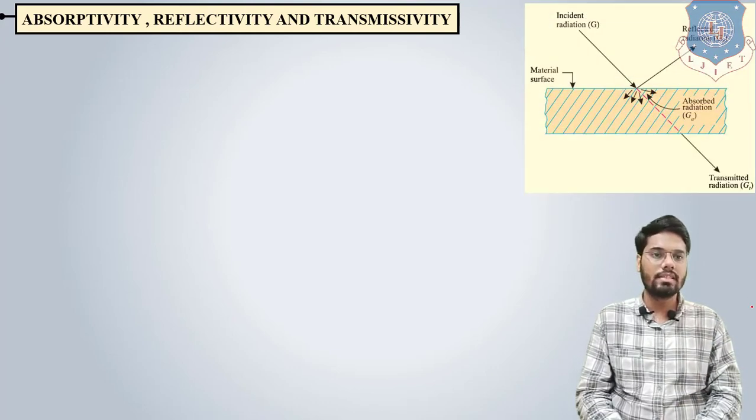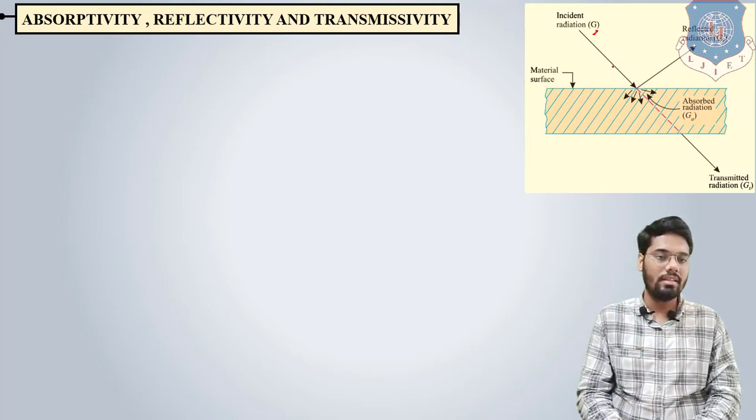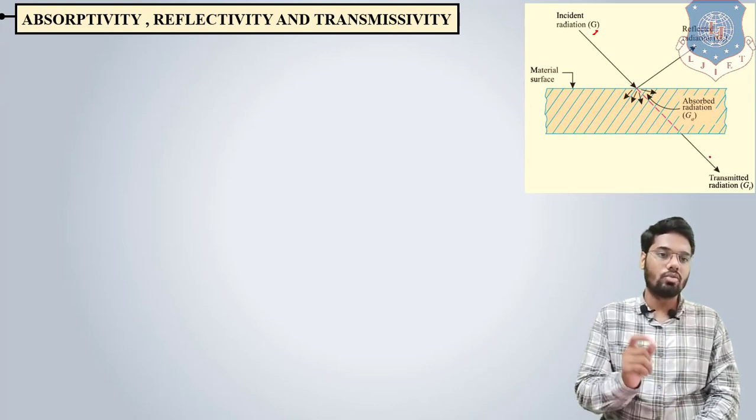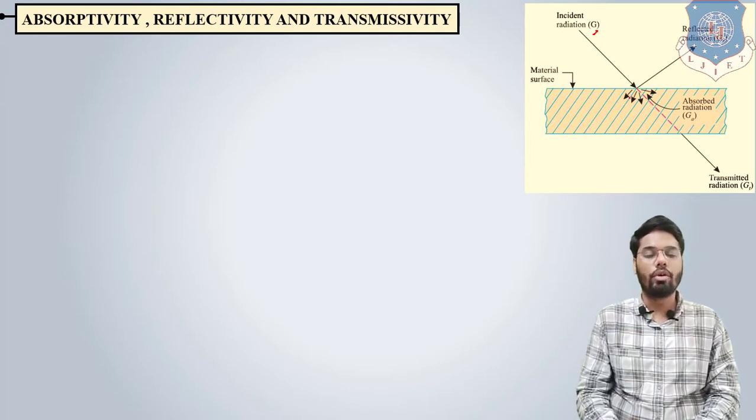Suppose in this figure there is an incident radiation, capital G. It will be incident on this surface. Now there will be 3 phenomena which will occur for this incident electromagnetic wave. Some portion of this wave will be reflected, some portion of this wave will be transmitted through this body, and some portion of this wave may be absorbed by the body.